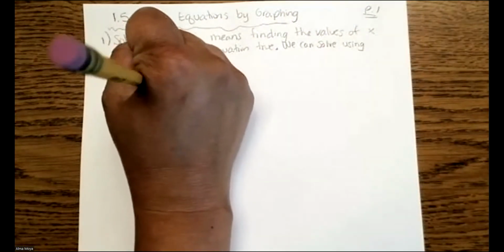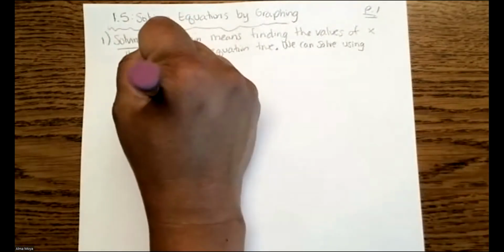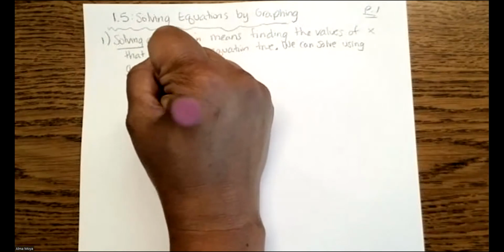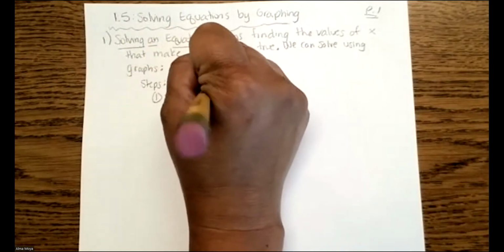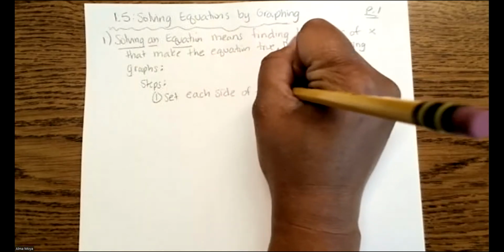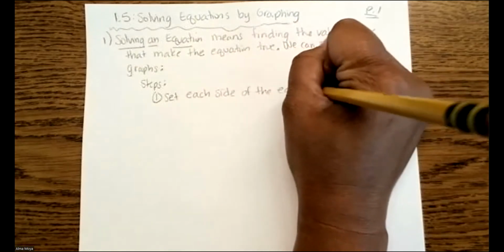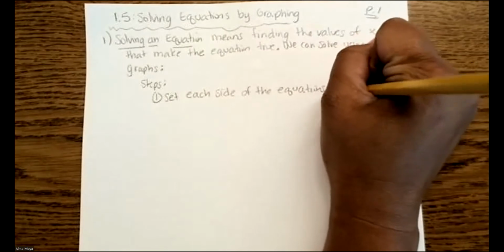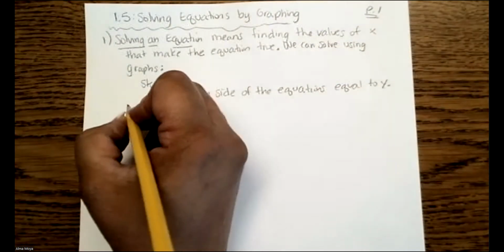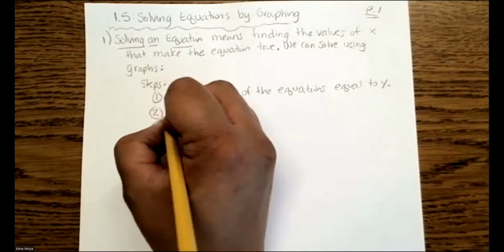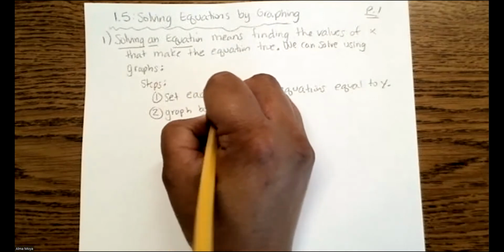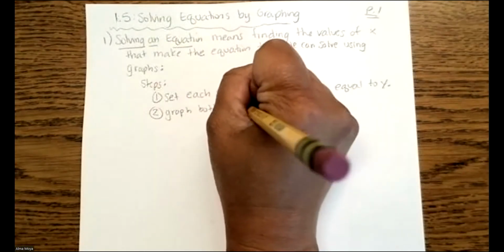So here are the steps. The first step is to set each side of the equation equal to y. Next, we're going to graph both equations.